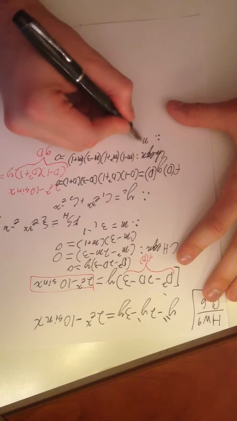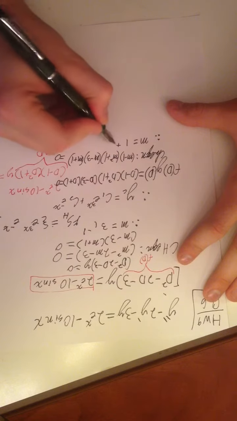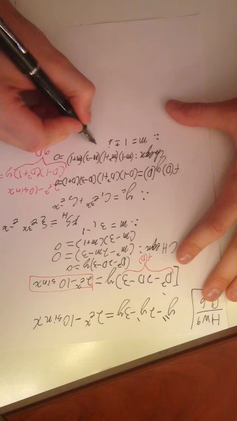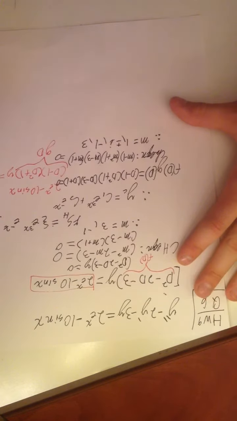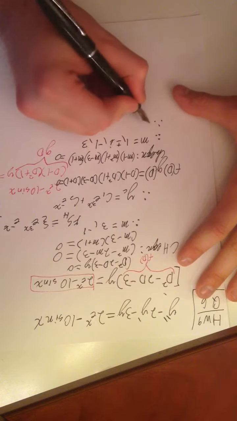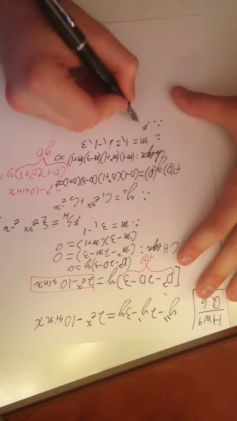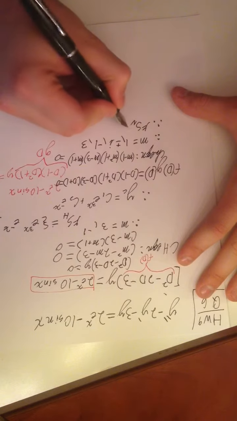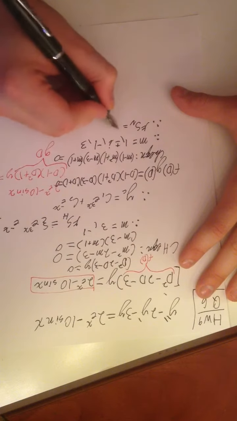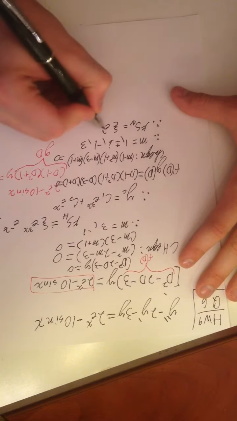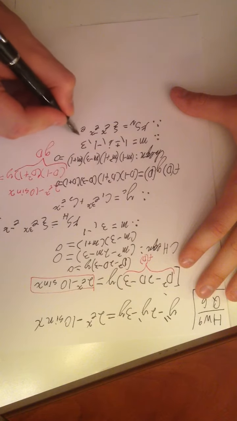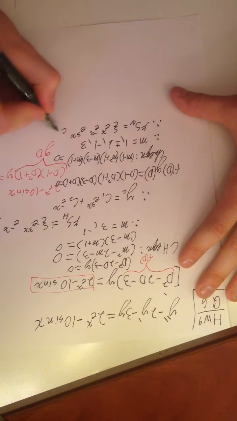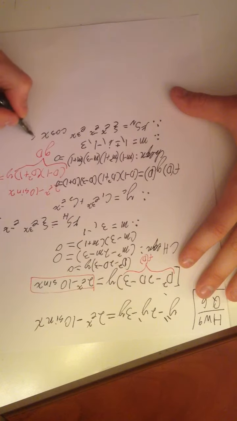Therefore, our m is equal to 1, plus or minus i, negative 1, and 3. So the fundamental solution of the non-homogeneous version is e to the x, e to the negative x, e to the 3x, cosine x, and sine x.